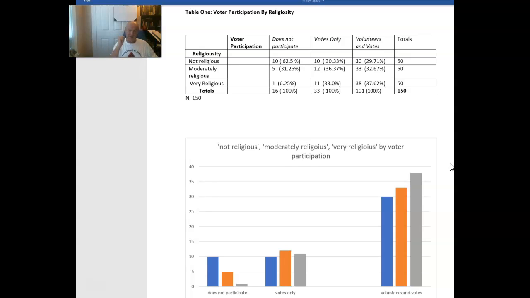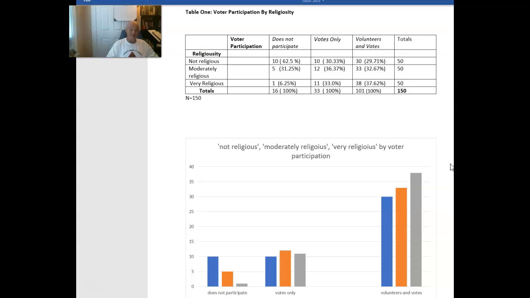This is tied into our discussion of method, and the idea of concept, operationalizing a variable, measuring a variable. So in this hypothetical example, a sample of 150 people. This is completely hypothetical data. It's not from anywhere.